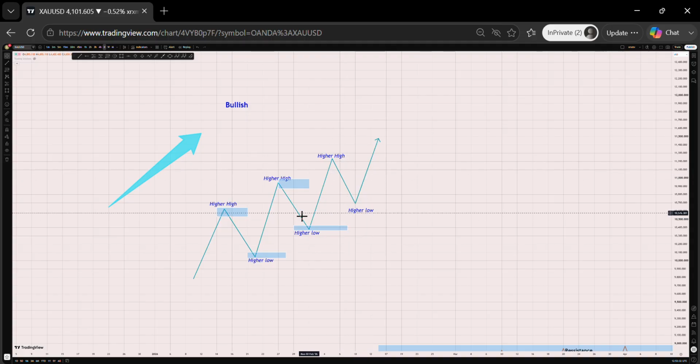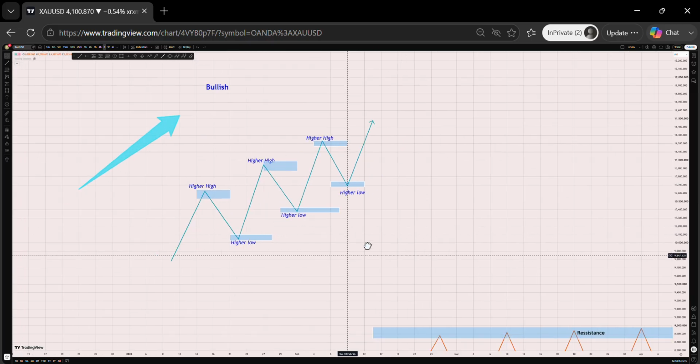And so price bounces off of this to hit another resistance up here, and then once again it puts itself together, and then it finds support and continues to the next floor, and so on and so forth. And this is how support and resistance works in a bullish chart.